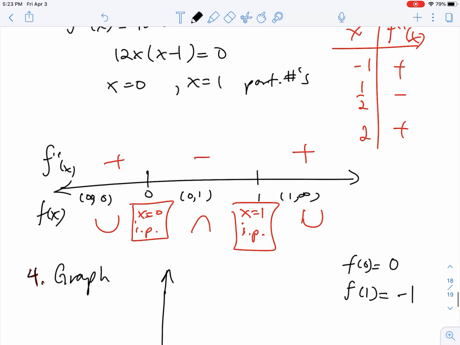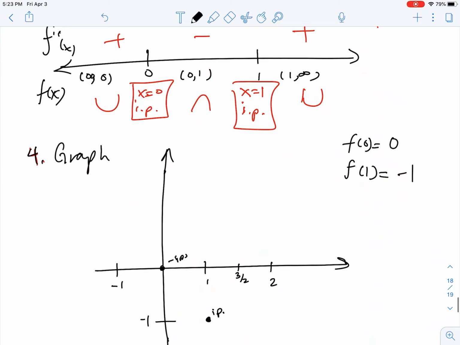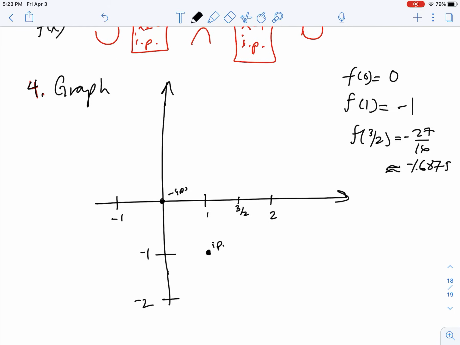What other information did we have? We have that we have a local minimum at 3/2. If I plug that in, I get -27 over 16, which is approximately -1.6875. Let me make that look clear. So I know I have a minimum at 3/2, somewhere around here.